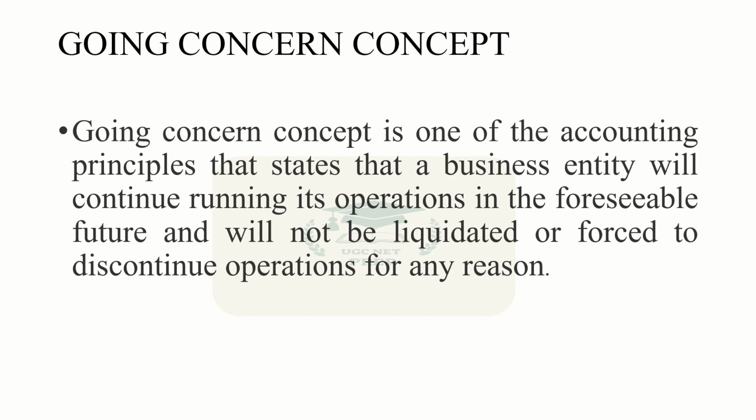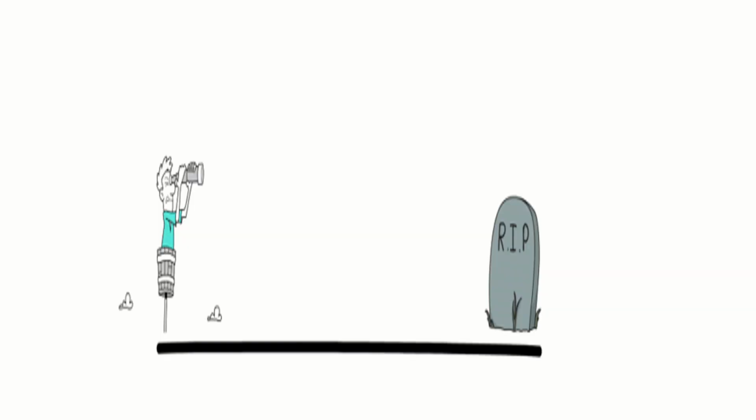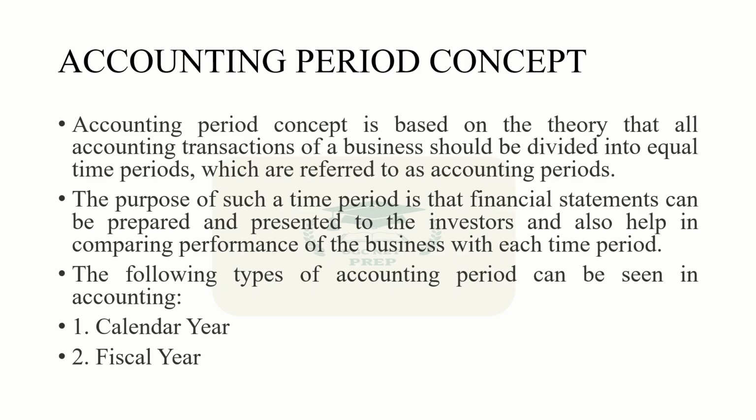They always have a long-term motive, opening for a lifetime. So I will generally open a business stating that it will run for years and years. Until and unless I exist, the business will run, and even further than that. So that is the going concern concept.